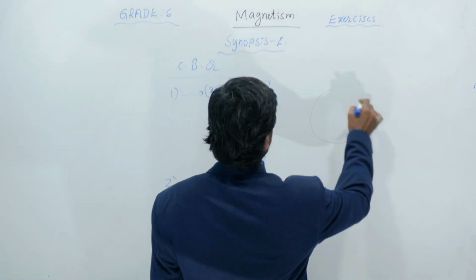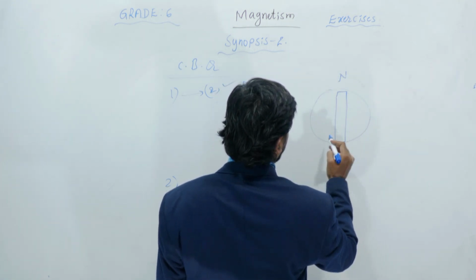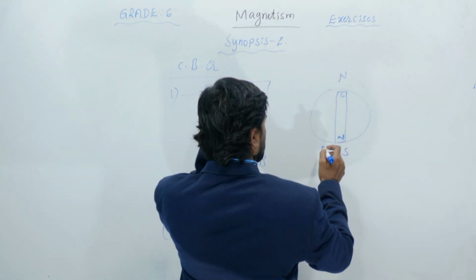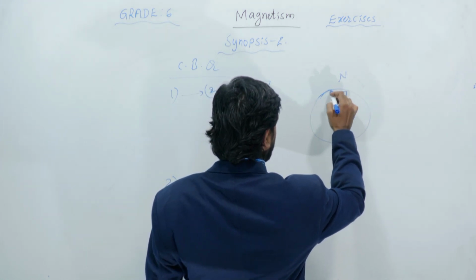Earth is a huge magnet. We will say this is the north and south. And here, if you consider a bar magnet, this is the south and north pole. It exists inside here. So that is the reason for the terrestrial magnetism of the Earth.